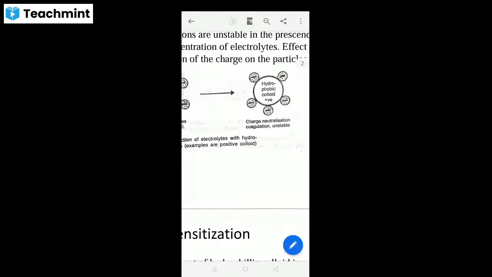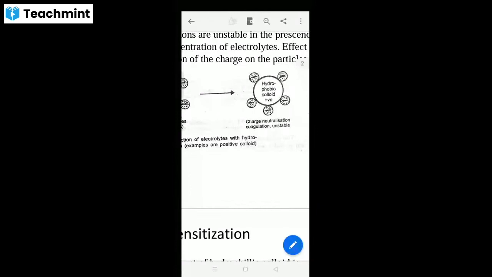Obviously, both will nullify each other, and in total, a neutralization effect will occur. All the charges which were present on the lyophobic particle, by virtue of charge only, as we know earlier, gave the lyophobic particle its stability.